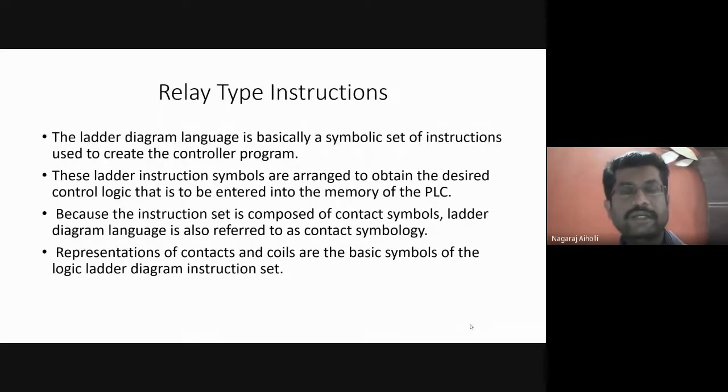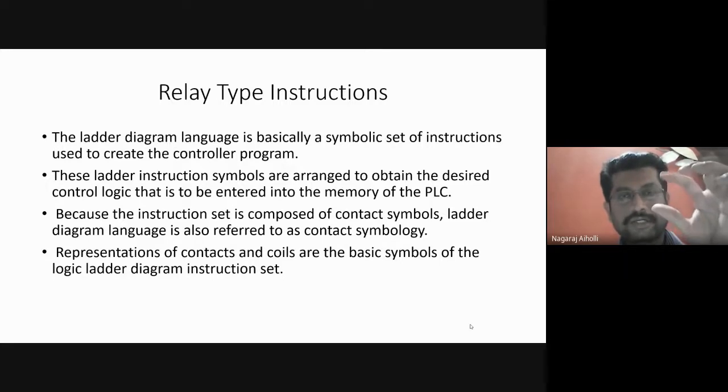Due to this electromagnetic action, when the current is passed through the coil of the relay, the contacts will be closed or they will be open. Because of this, the current in the second part of the circuit is controlled by controlling the on and off of the contacts.